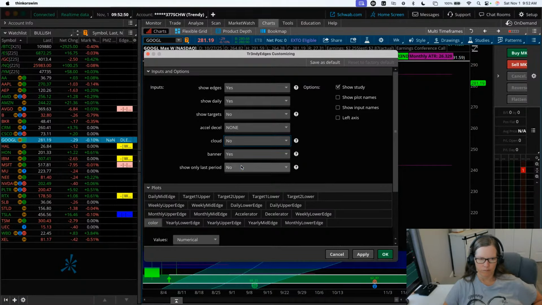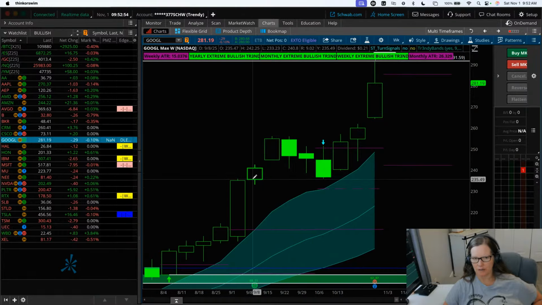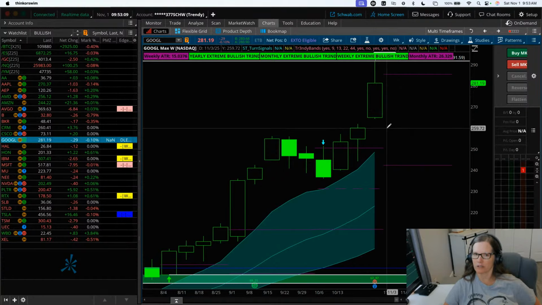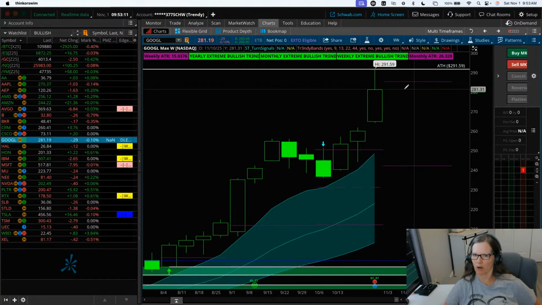I will say though, if you use those clouds, just go ahead and keep looking left, and make sure that the cloud is wide enough. If you have a bottoming wick or something really close to the bottom of the cloud, I would increase my risk rather than getting stopped out on a wick.